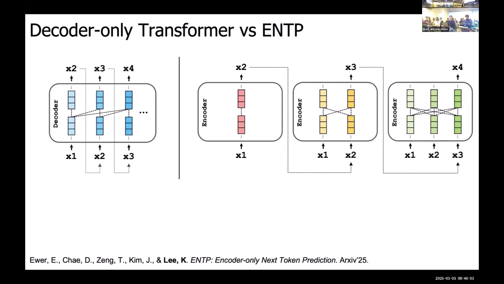Right, but given the stuff on the left, there is always an instantiation on the right that can simulate the thing on the left, because on the right, you're allowed to look back. It's not just looking back, you're updating as well. This is a bidirectional encoder, so you're also updating the content. So the thing on the right is more powerful than the thing on the left.